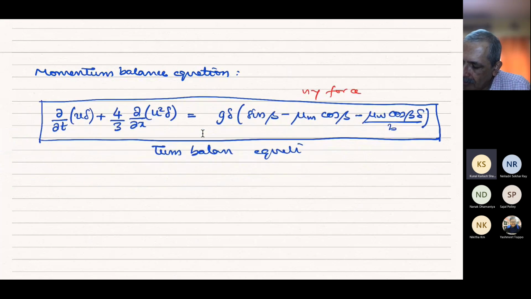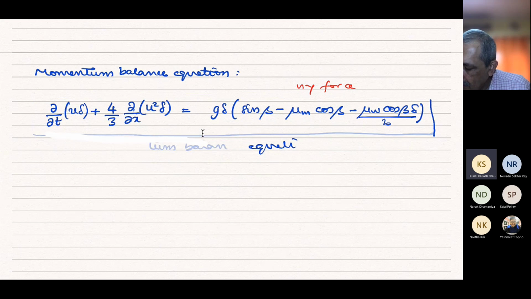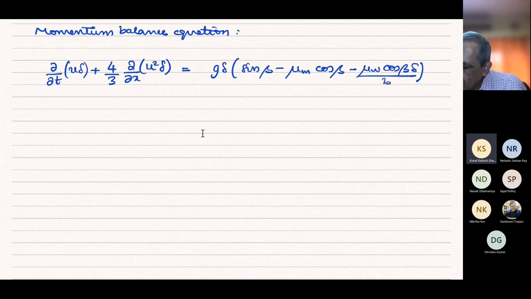So we have this thing to start with. So this is our general equation. And now we can remove some of the terms. Because we are looking at steady state, this term goes to 0.